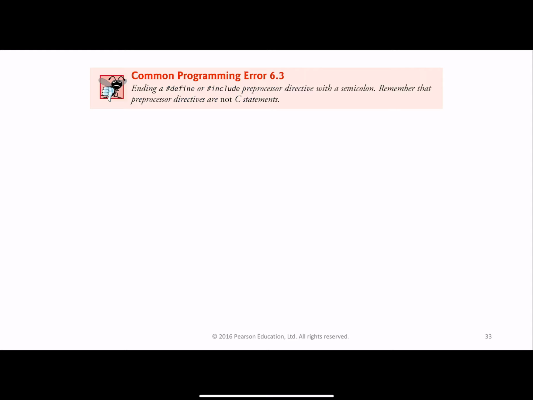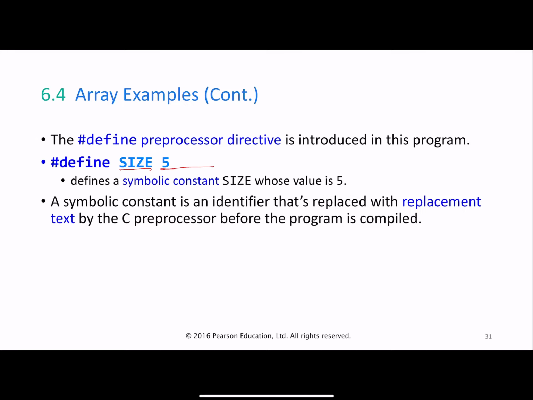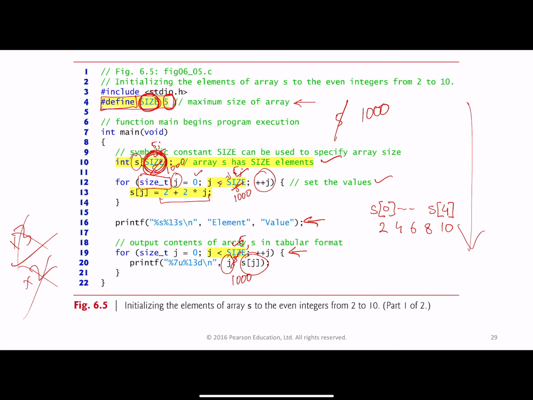Don't forget never to end a hash define or hash include preprocessor directive with a semicolon. If you were to place a semicolon over here, what the compiler will do, it'll replace size with 5 semicolon, 5 semicolon, and 5 semicolon in all 3 places.